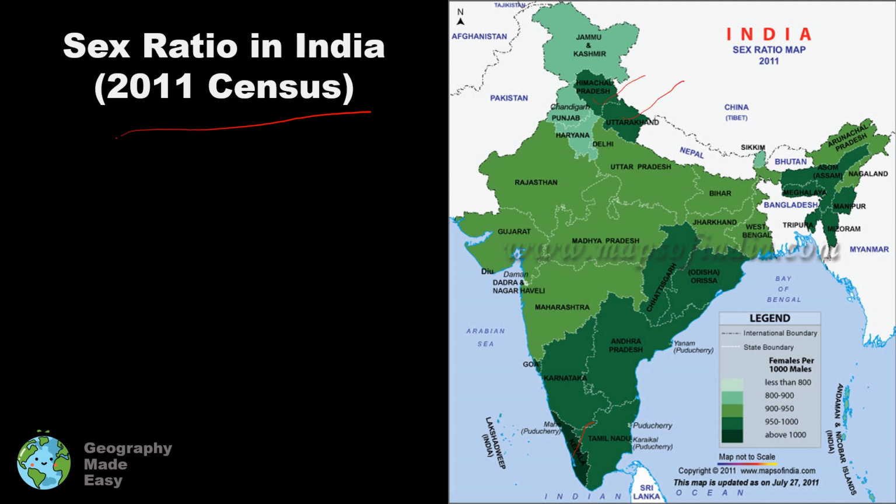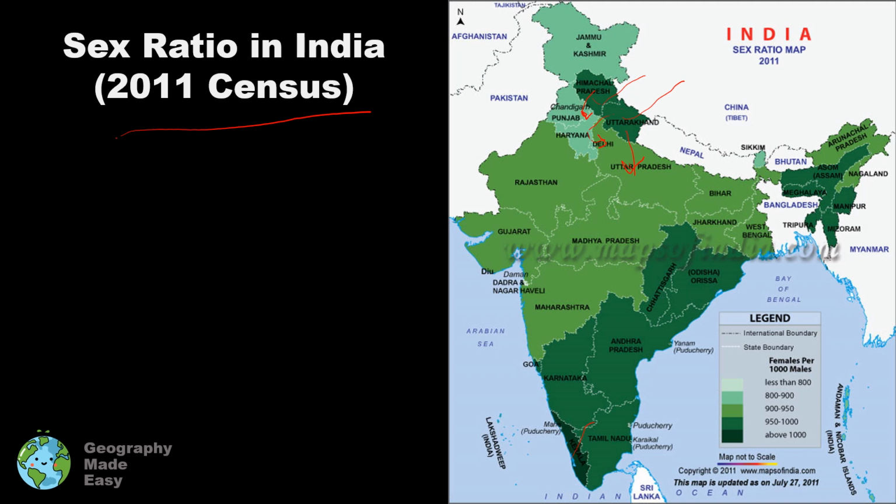Uttarakhand and Himachal Pradesh have a favorable sex ratio because a lot of people from there migrate to Delhi and UP for work. So the males migrate, which leads to a favorable female sex ratio.